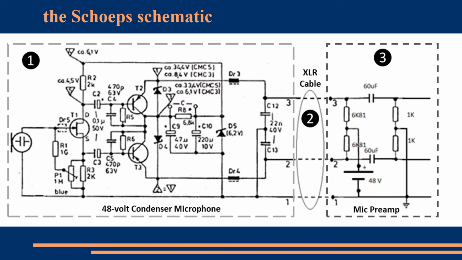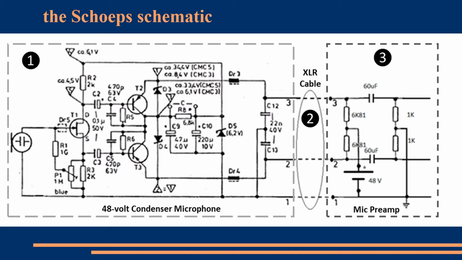This is a schematic of a standard condenser microphone and the cable and then the input of the microphone preamp. At one you see the capsule and then the input FET. It works also as a phase shifter, and then you have the T2 and T3.